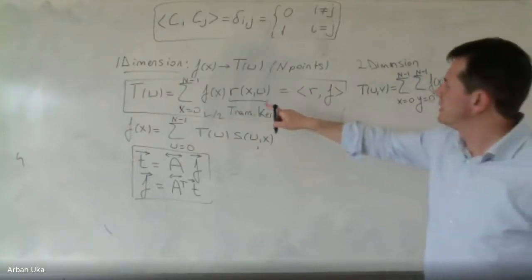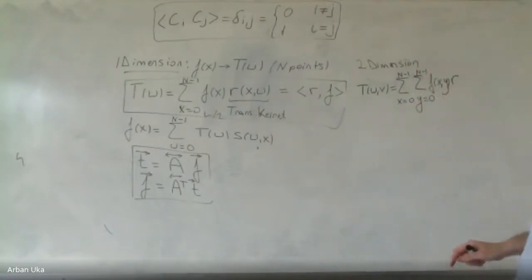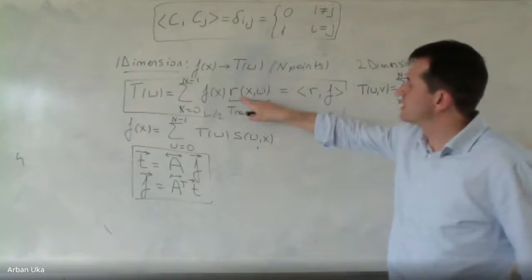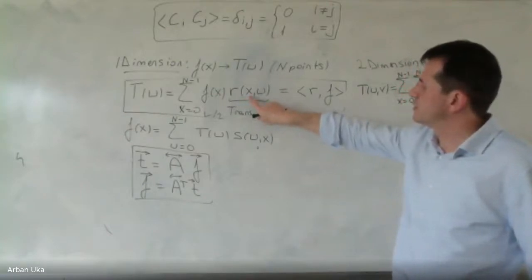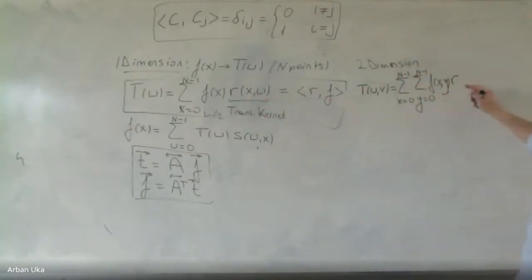Now, the kernel here is the mixing operator, which mixes x and u. Now here, it's going to mix x, y, u, and v. Okay? So this will be the transformation.